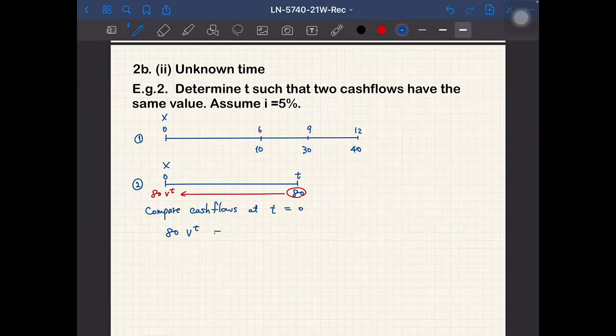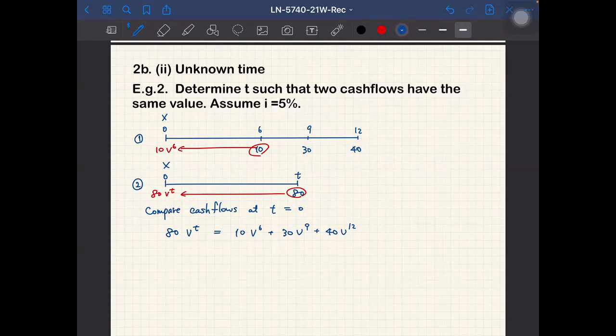Then how about the other side? This $10 is worth 10 times v to the 6. In the same way, the other side is 10 times v to the power 6 plus 30 times v to the power 9 plus 40 times v to the power 12. And you can solve this analytically for t.